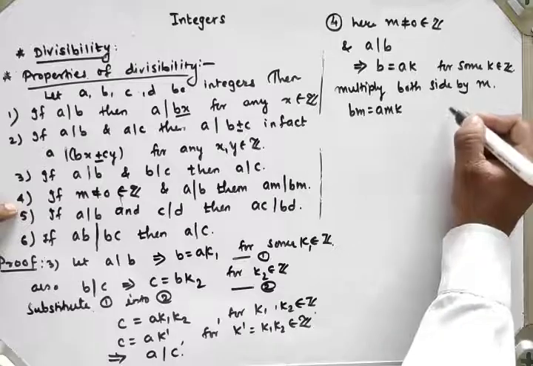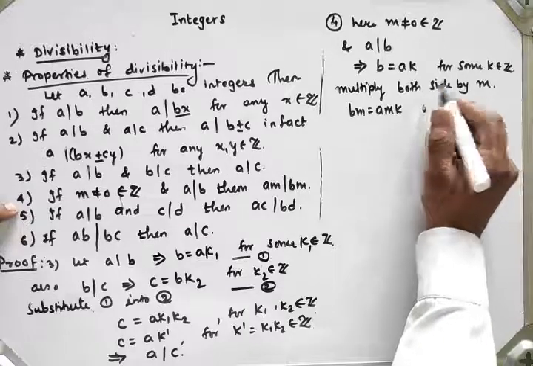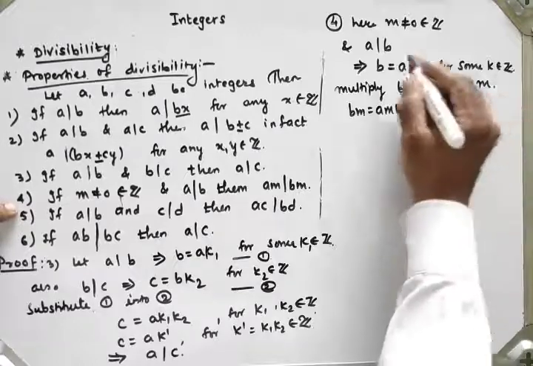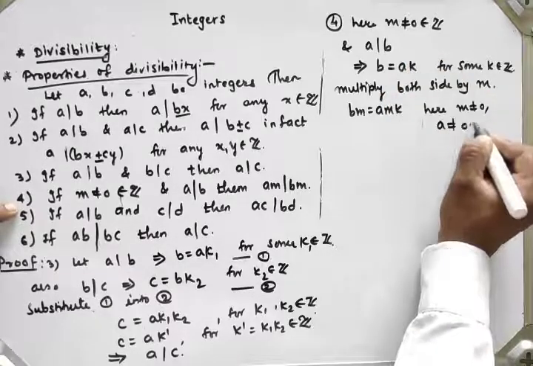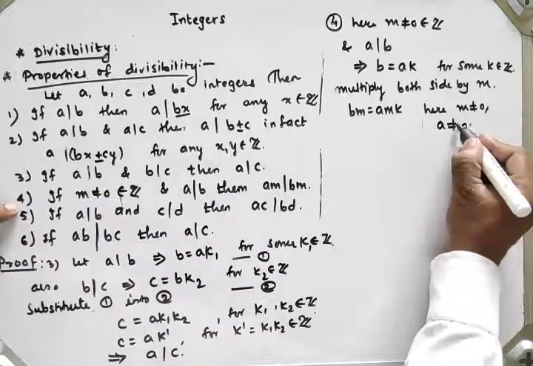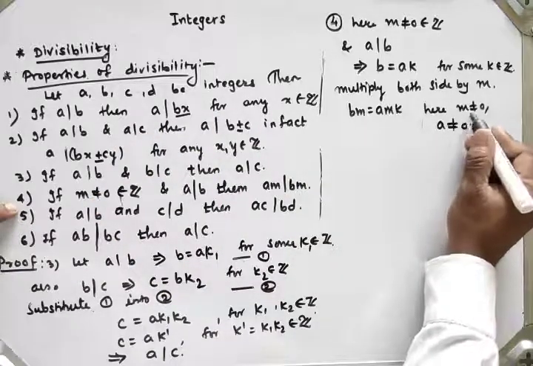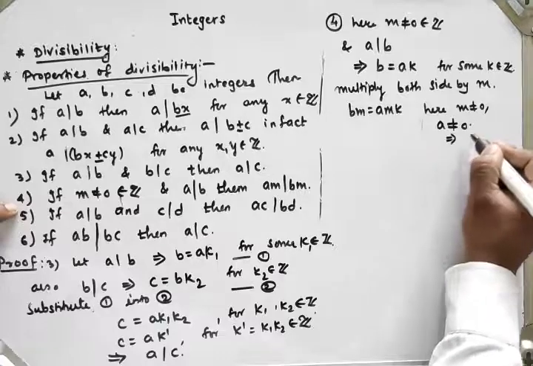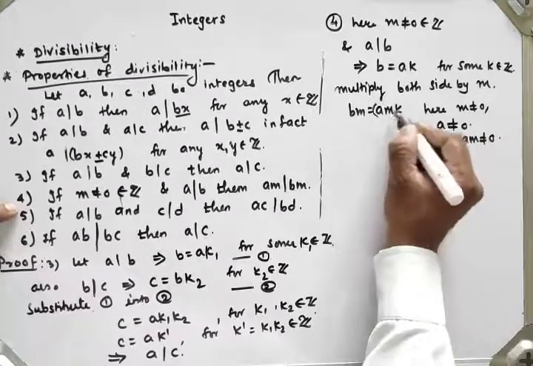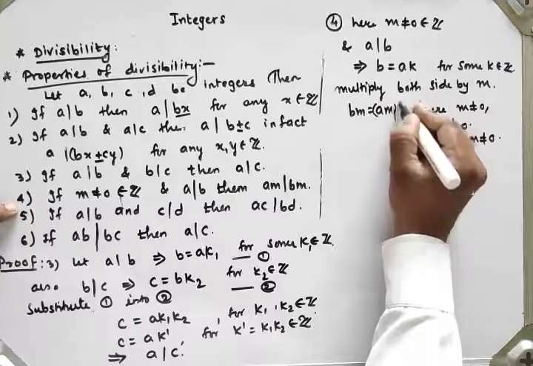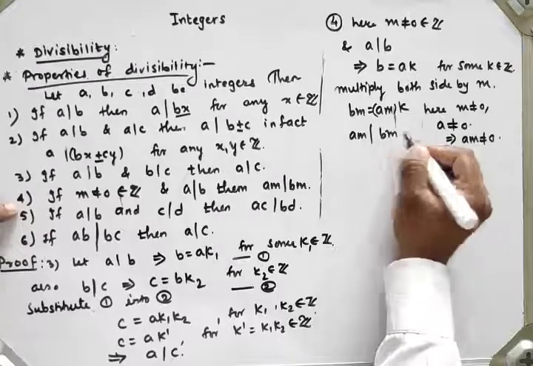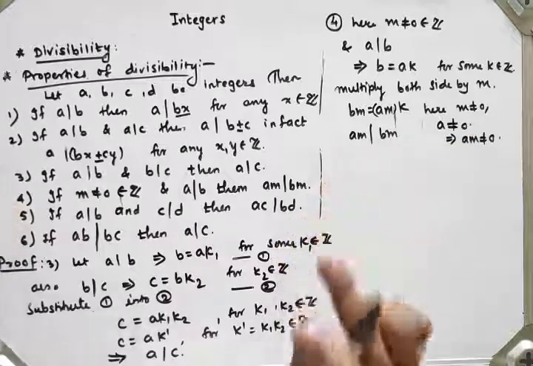Here m is not equal to 0 and a is also not equal to 0, because by definition of divisibility a is always non-zero. Both a and m non-zero implies that a into m is also non-zero. So am divides bm. This is the proof of that property.